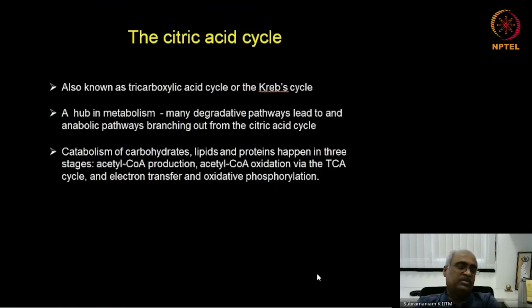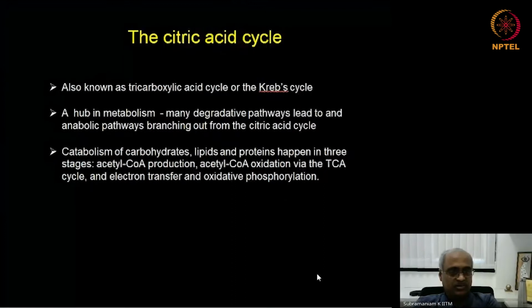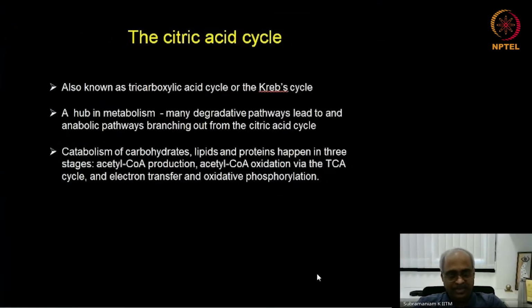Let us first go through the steps of this cycle, and then I'll briefly discuss why there is such an elaborate way of oxidizing the two carbons of pyruvate. Pyruvate is a 3-carbon molecule, but one carbon gets readily decarboxylated, as we saw in yeast, by pyruvate decarboxylase.